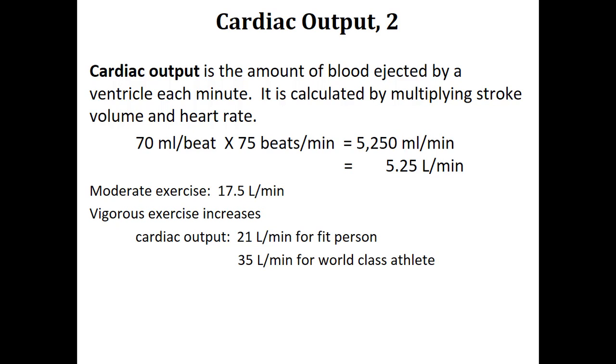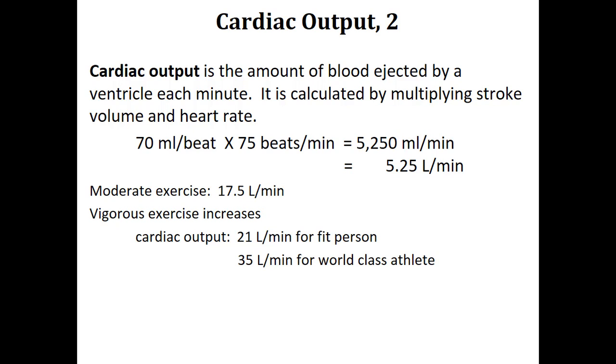So for cardiac output, a typical heart rate is 70 or 75 beats per minute, and 70 mils is your typical stroke volume. That's about 5.25 liters per minute of blood being pumped through your body.